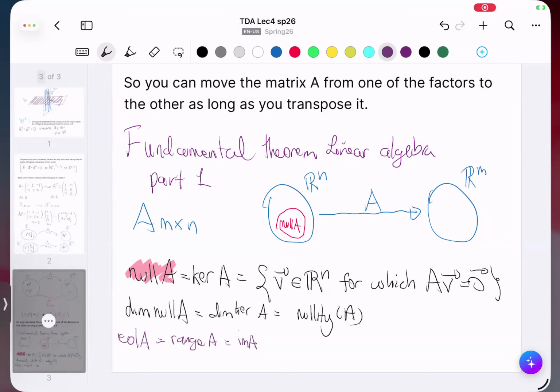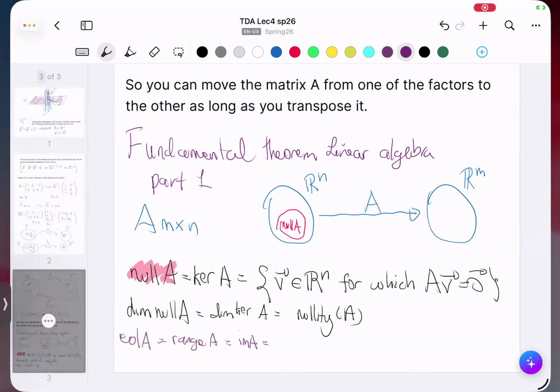So, using the notation that you probably know more, these are the vectors in Rm for which the system AX equals B has a solution. So the point here is that the column space lives in Rm.